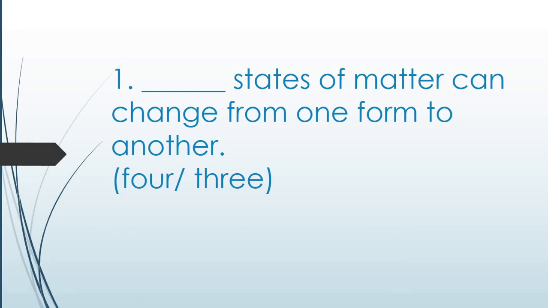Okay, anyways, the correct answer is 3. There are 3 states of matter. All the 3 are changeable. All the 3 can be changed from one form to another. Solid to liquid, liquid to gas, gas again to water. So all the 3 are changeable. So I hope you have written this answer in your books. You just have to write 3, answer number 1.